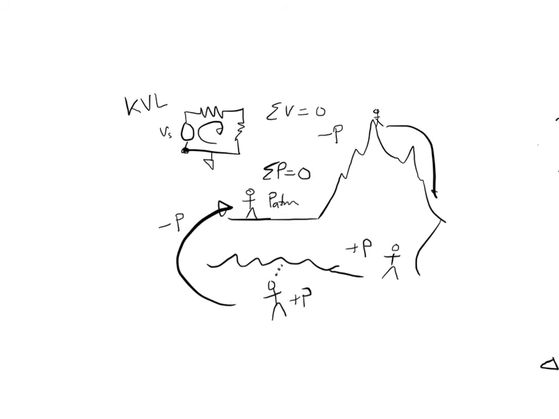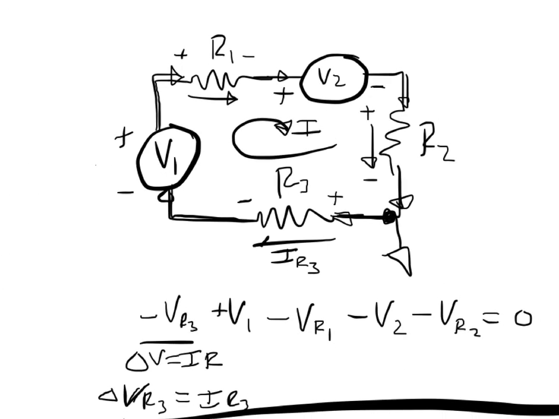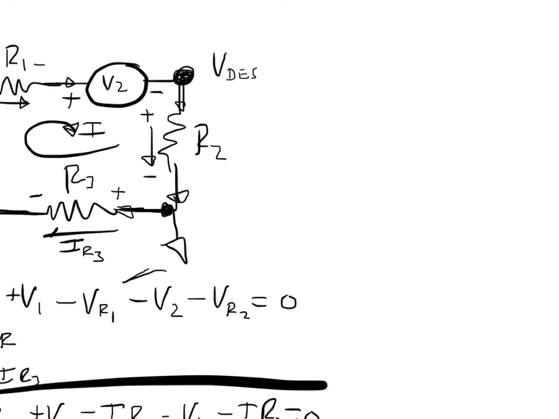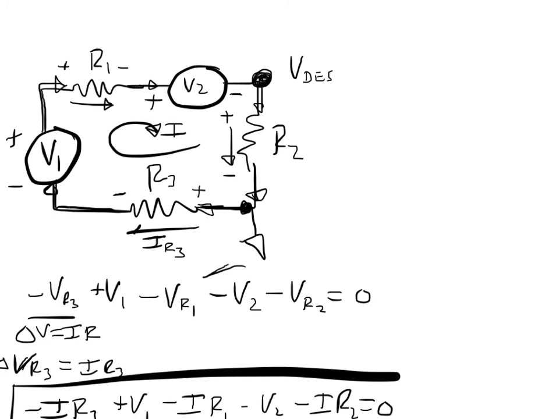Now, if I ever wanted to just know the voltage at a point, so let's say I wanted to know the voltage at this point right here. Well, if I start from a known point and do a Kirchhoff's Voltage Law up to that point of interest and stop, I can call that equal to some V that I'm trying to measure, or some V desired. So let's start at this known point and go backwards.